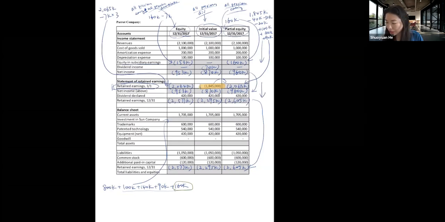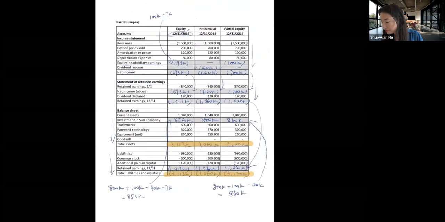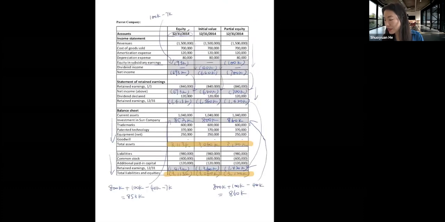And then we need to take out all of the subsequent dividends. So take out 40,000, 50,000, 20,000 and 70,000, which are just this column here, all of the subsequent dividends.